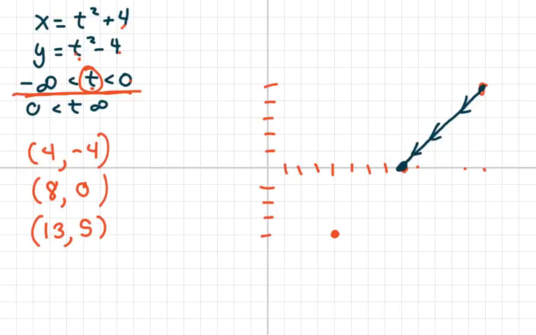Now let's pick some other numbers. If I plug in positive 2, I'm going to get 8, and here 2 gives 0. And if I plug in 1, I'm going to get 5, and here I'm going to get negative 3.